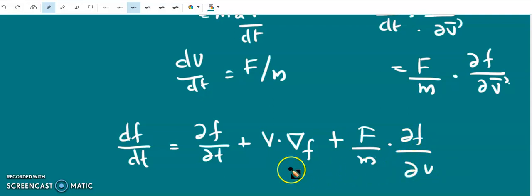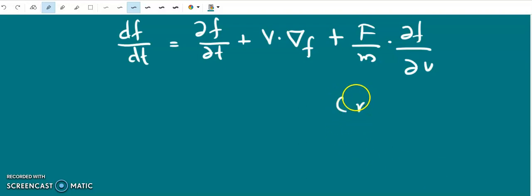Okay. So the total derivative df by dt can be interpreted as the rate of change as seen in a frame moving with the particle. So here we are considering the particles to be moving in a 6-dimensional space: 3 position coordinates and 3 velocity coordinates. And df by dt is the convective derivative in the phase space.